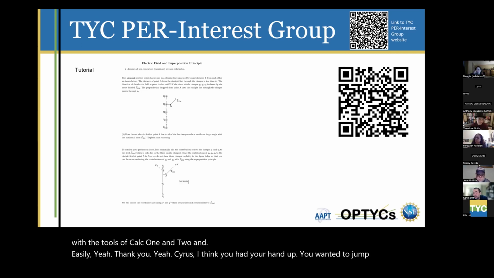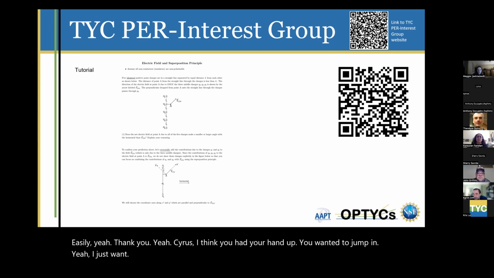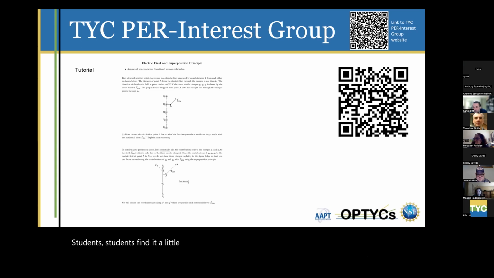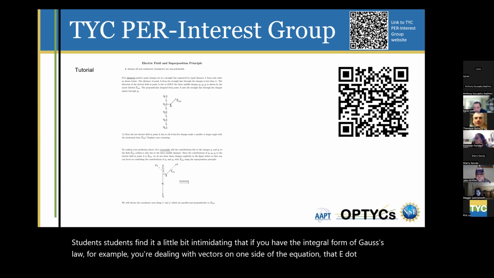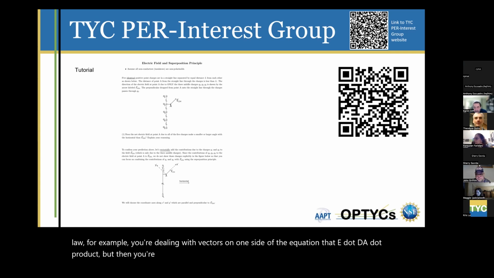Yeah, I just want to plus one the comments that were made and throw in one specific example. One thing that I've found when I've taught Gauss's law specifically is students find it a little bit intimidating that if you have the integral form of Gauss's law, you're dealing with vectors on one side of the equation, the E dot dA and the dot product, but then you're dealing with scalars on the other side of the equation, Q enclosed and epsilon naught.